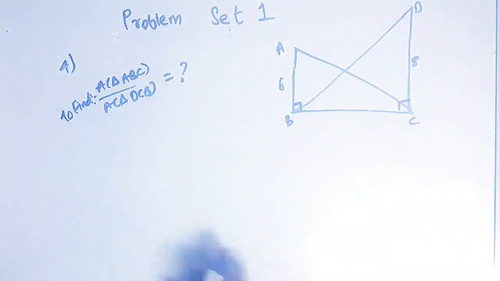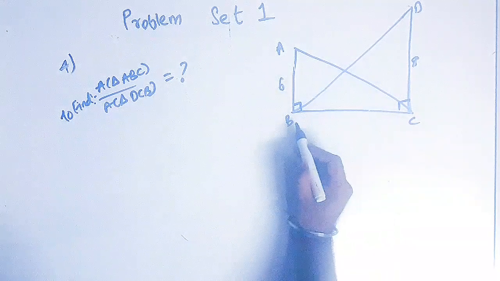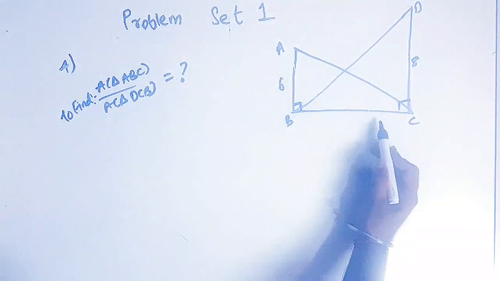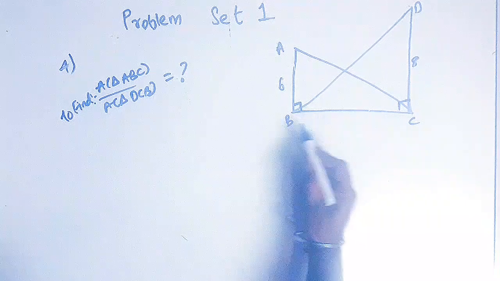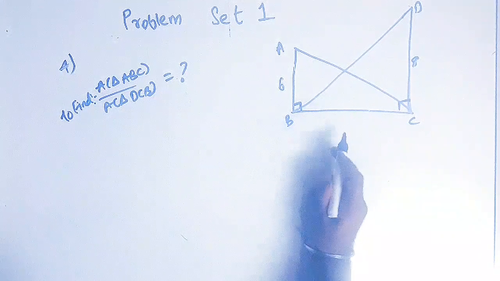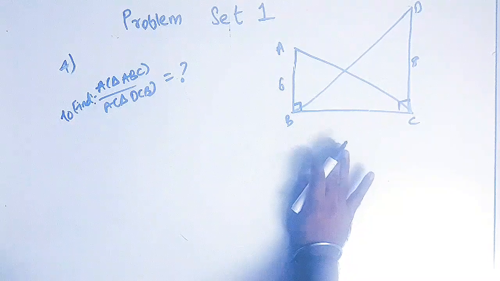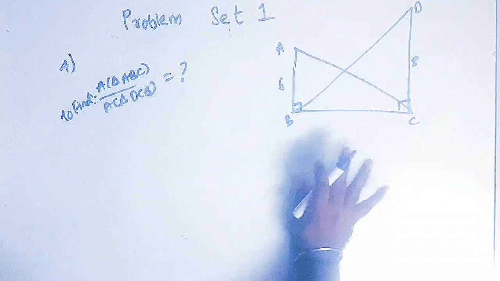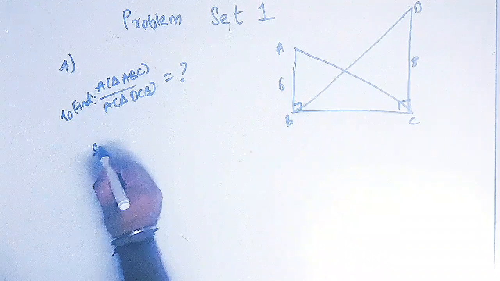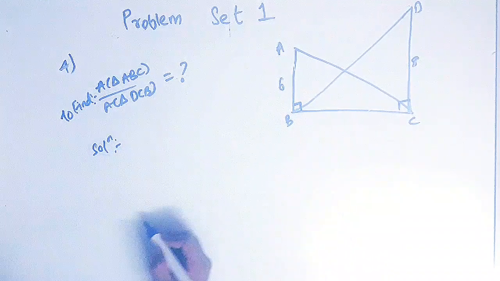Now you can see here in these two triangles the base is BC. That means the two triangles have same base. When the two triangles have same base, their areas will be equal to their corresponding heights. Okay, so I'll simply write solution.